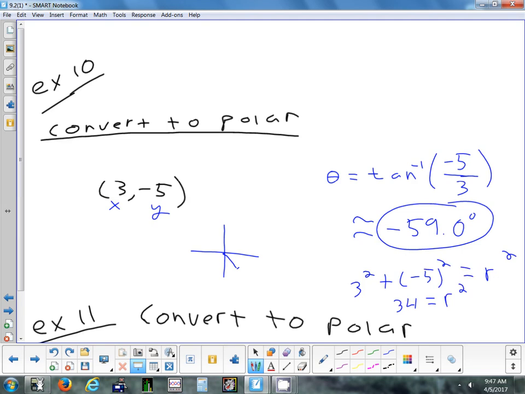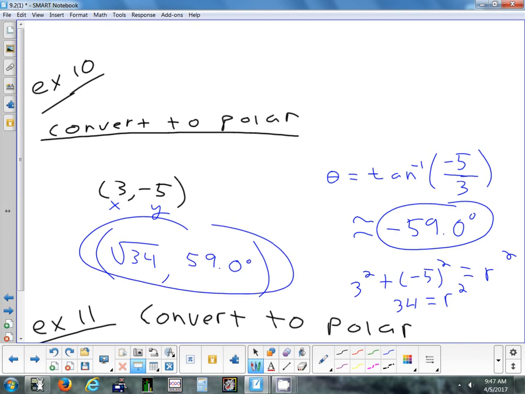And my last step would be to take the square root. So my radius is the square root of 34, and my angle is negative 59.0 degrees.